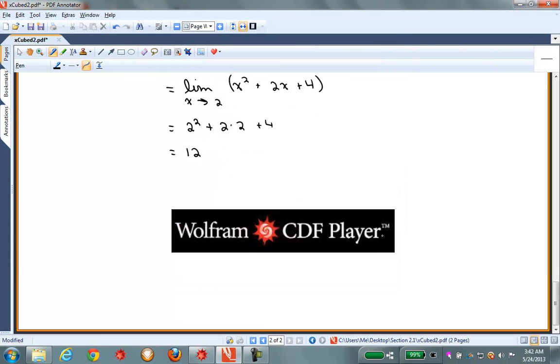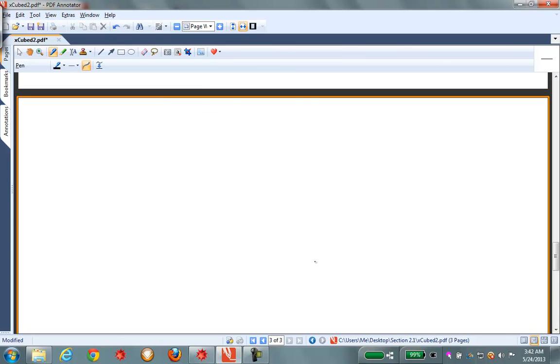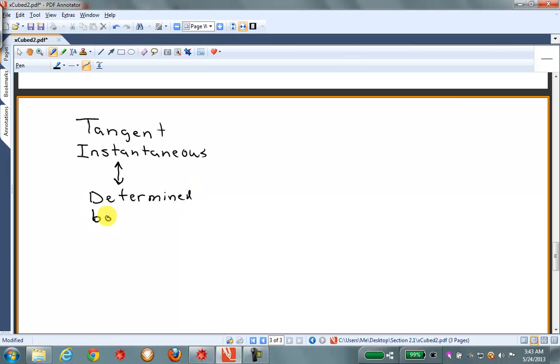So we should point out that we have used the word tangent to describe the line, and the word instantaneous to describe the rate of change, and this is because now it's determined by one point.